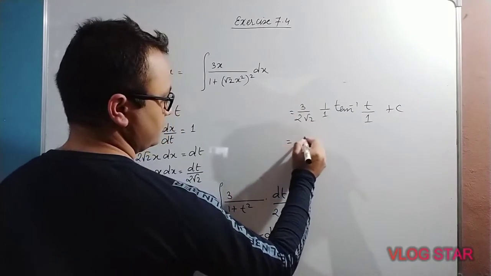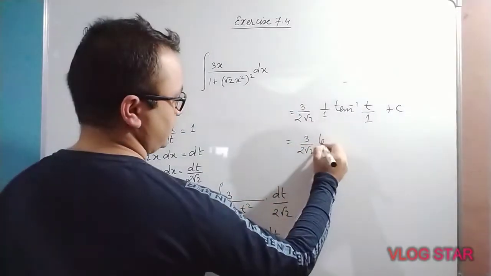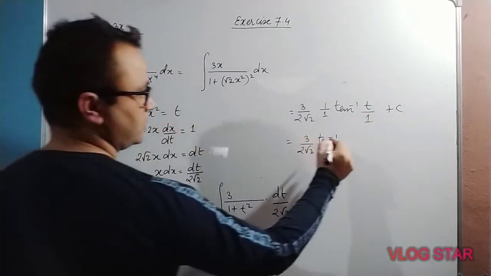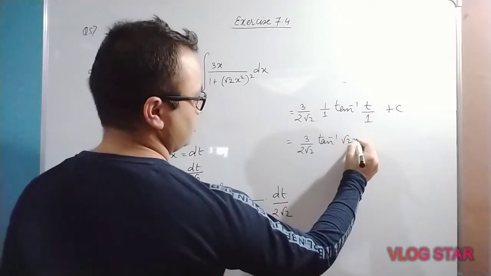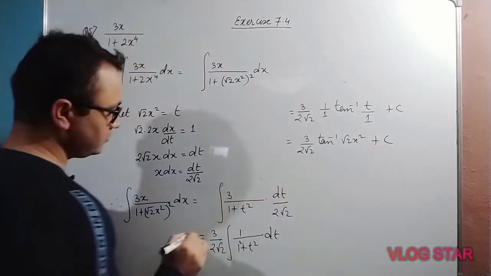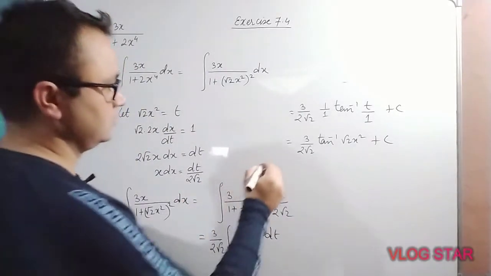This equals 3 by 2 root 2 tan inverse of, what is t? t is root 2 x square, plus c. Now this is the answer of question number 5.